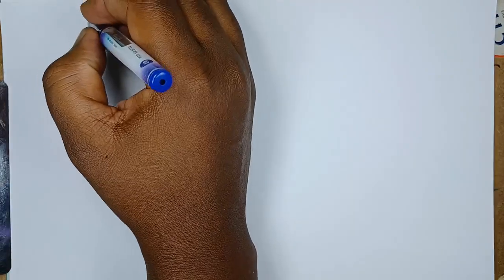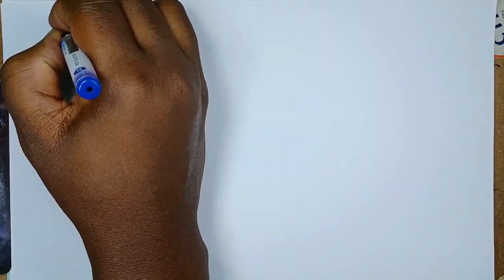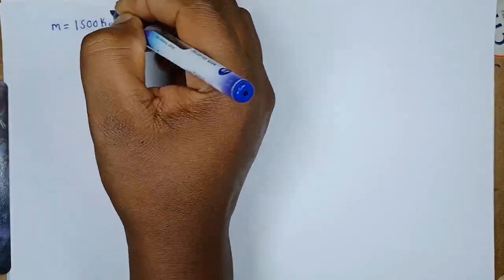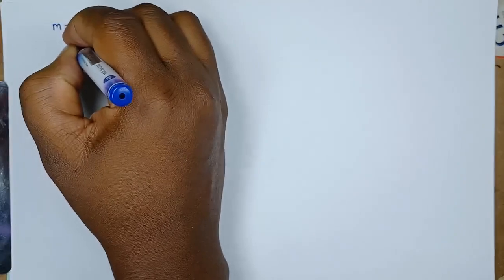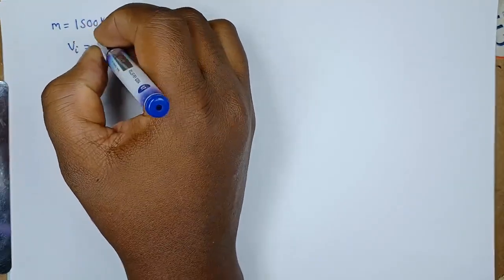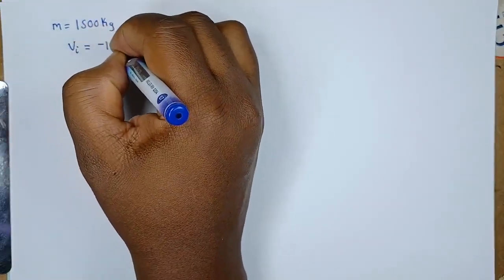Okay, so remember the mass. The mass is 1,500 kilograms. The initial velocity, let's just write it as VI. Initial velocity is negative 15 meters per second.